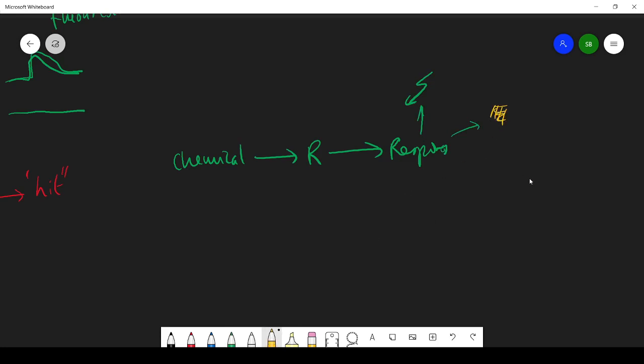So long as you can automate the readout, you can do thousands and thousands of drugs. That's the usual way of doing it.